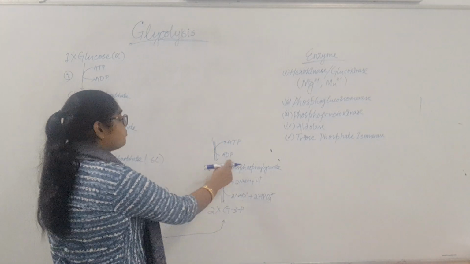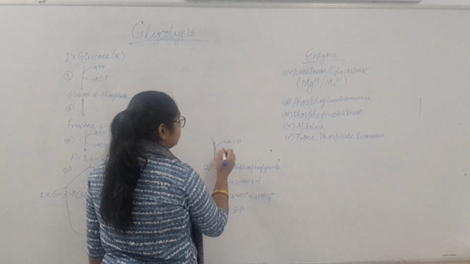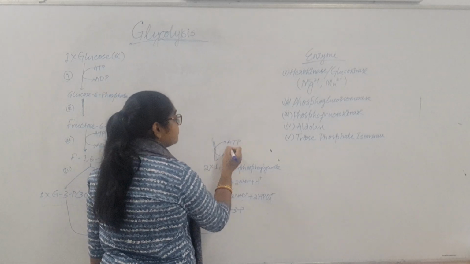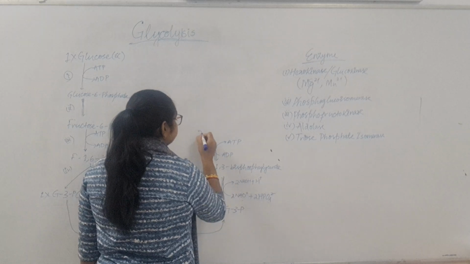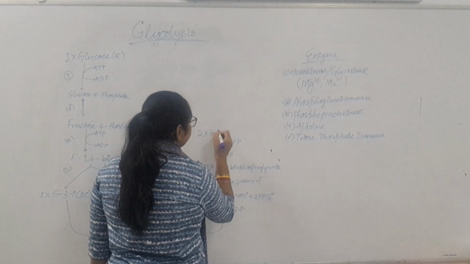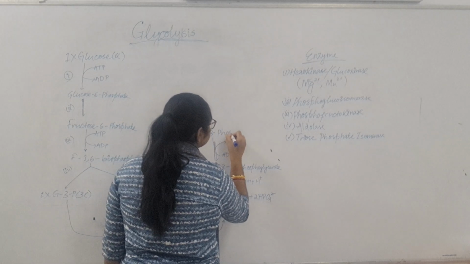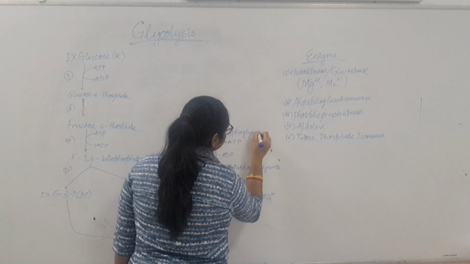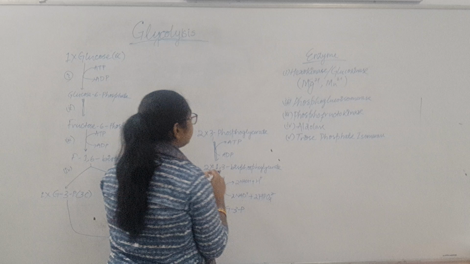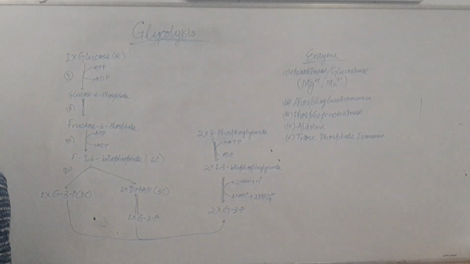So it removes one phosphate group, ADP accepts it and converts to ATP, the form of energy, and it converts to 2 molecules of 3-phosphoglycerate.